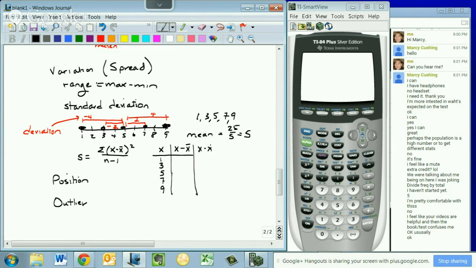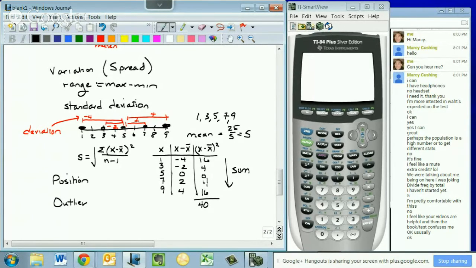Then you'll square the deviations and sum them up. Okay, so 1 minus 5 is negative 4. Fill these in. This is all the deviations that I wrote in red over here. Square all the deviations. Okay, and then add these up.